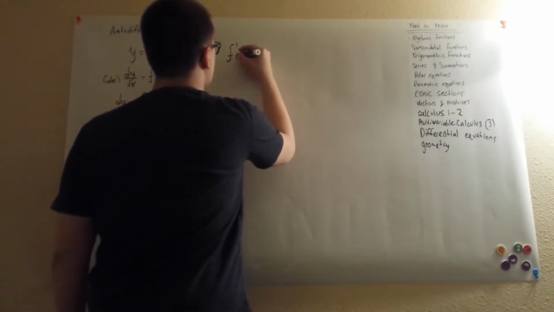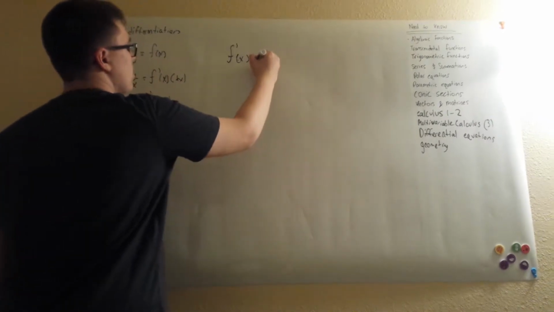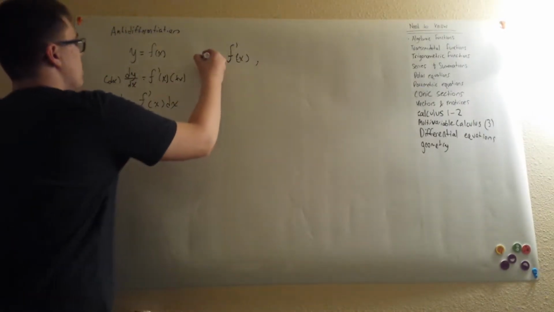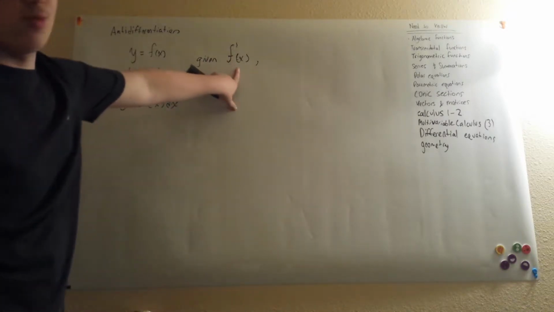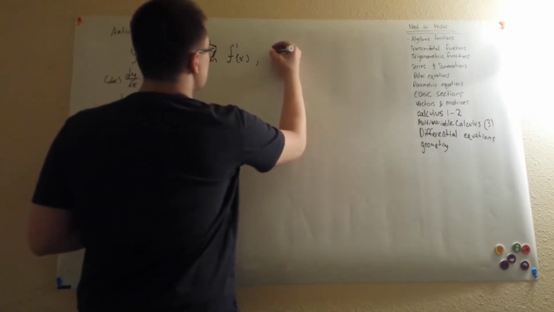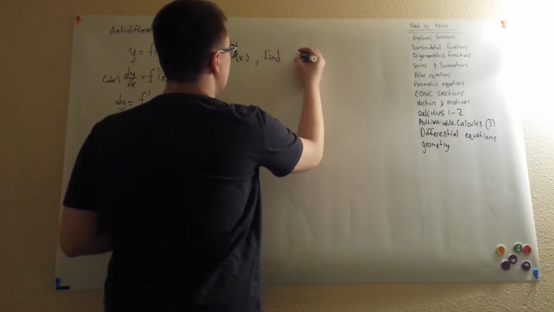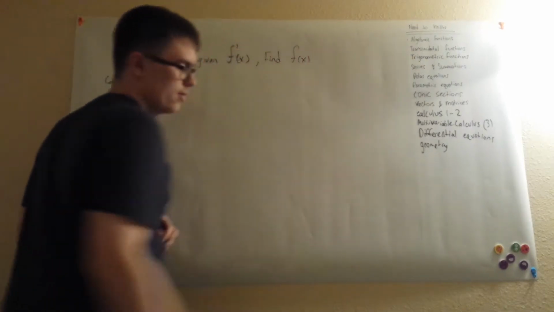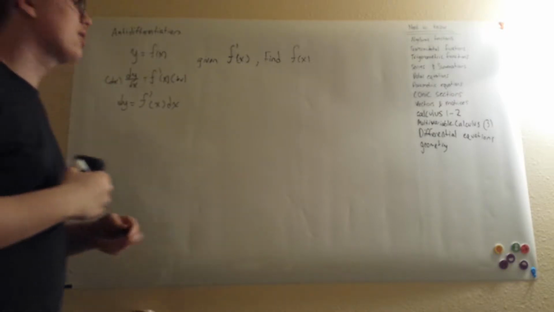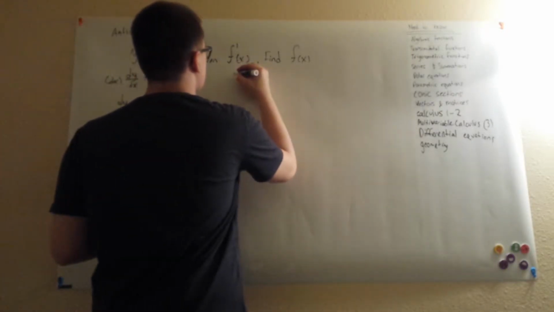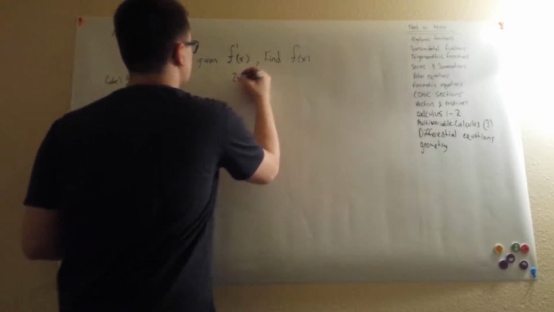Given f prime of x, would you be able to find f of x? Well, let's take a look at one example. Let's say f prime of x was 2x.